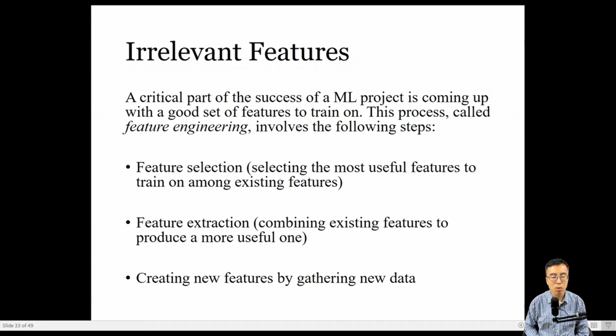And also, we are likely to do some feature extraction, basically combining the existing features to produce a more useful feature. And we may also create new features by gathering some new data. So there are a lot of decisions to make and a lot of efforts to spend when we do the feature selection, feature extraction, and new feature generation.